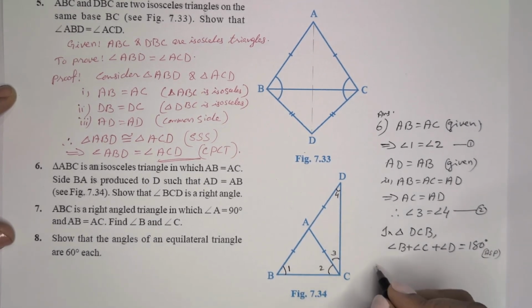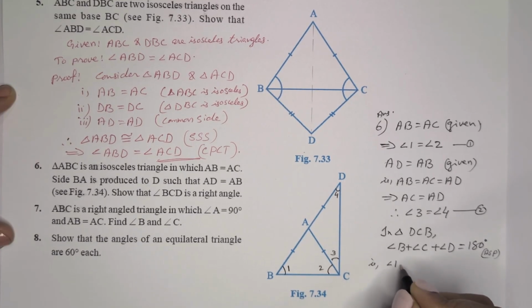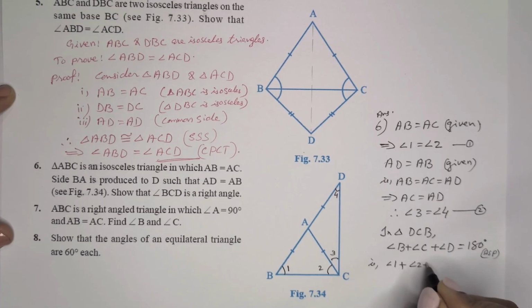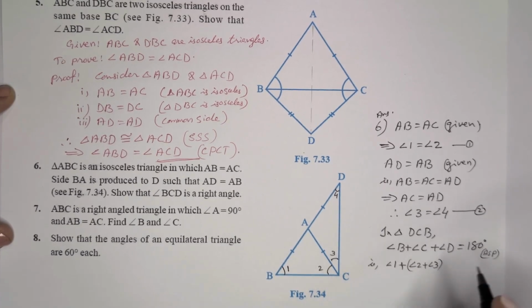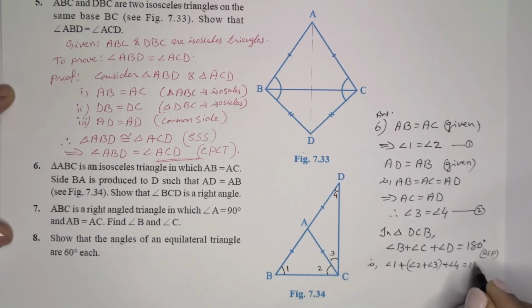Now angle B is angle 1, plus angle C is angle 2 plus 3, then angle 4 is equal to 180 degrees.